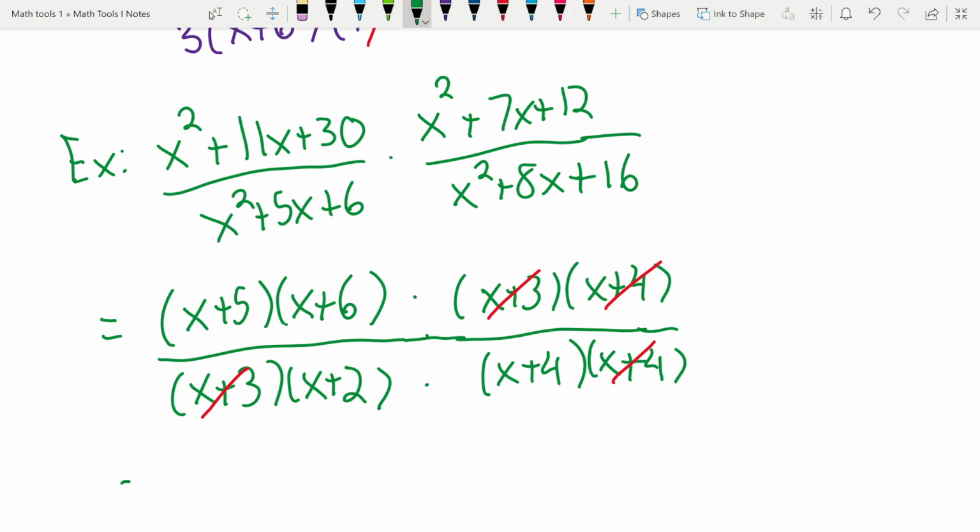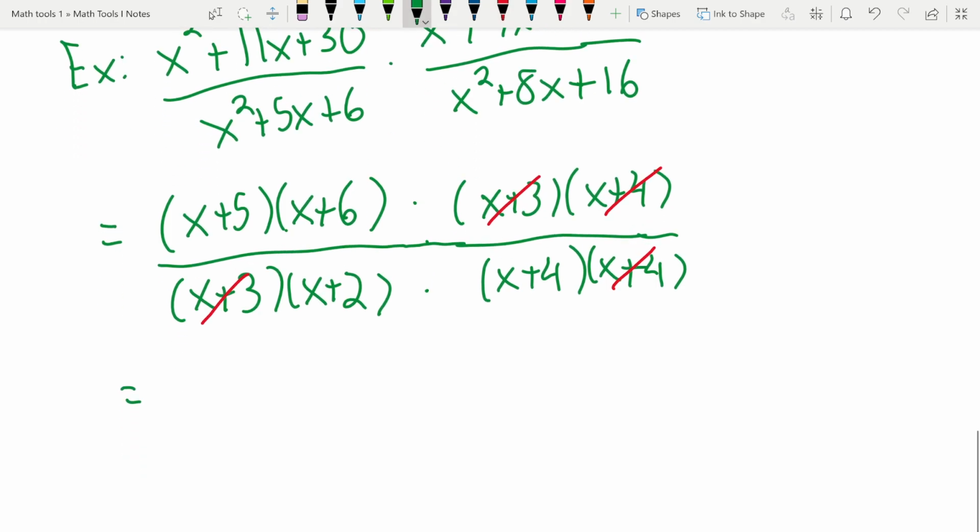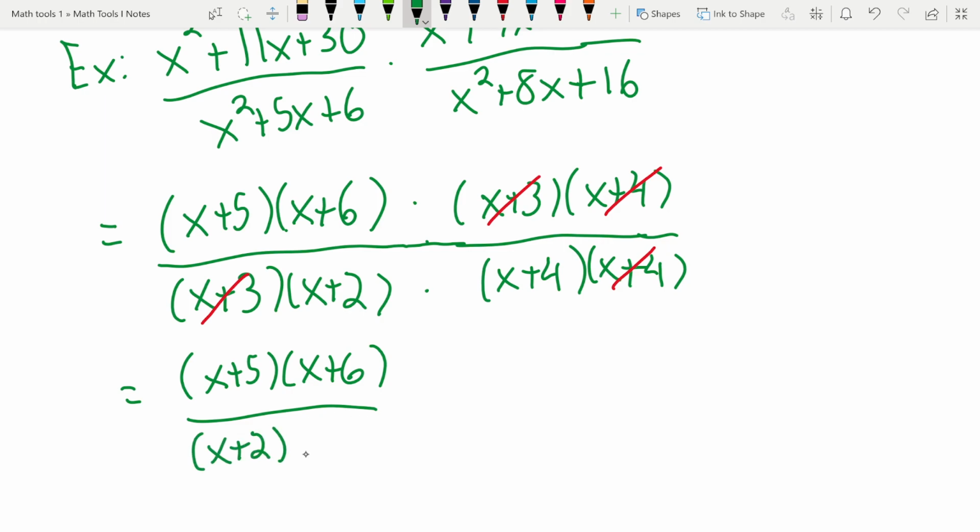Okay. So ultimately we'll have x plus 5, x plus 5, x plus 6, divided by x plus 2, x plus 4.